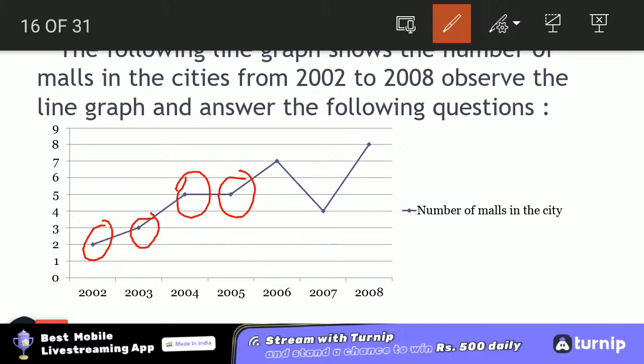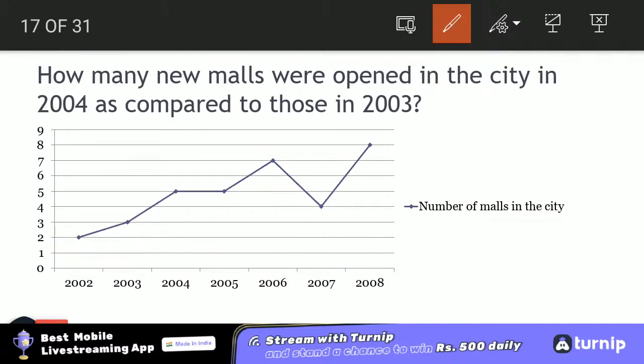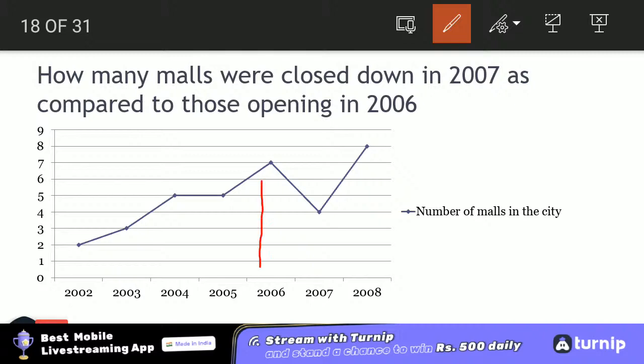They were constant. That is, if there were 5 malls, it remained. So for that you can see in 2006 we have how many malls?